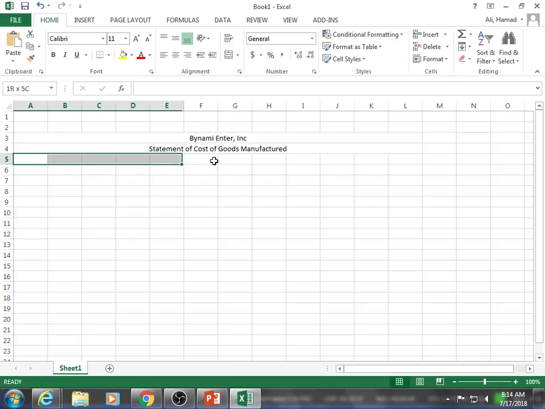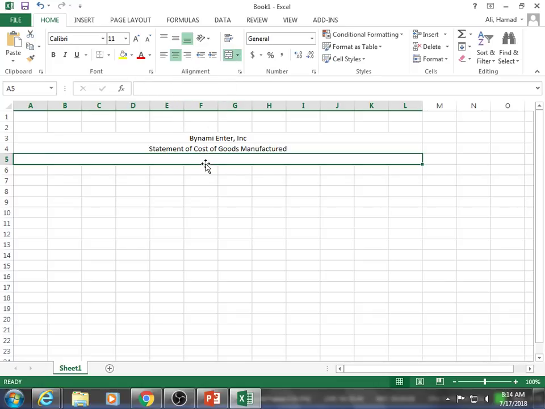And then what do we put? The period. For which period is this statement? It says at the end of the second quarter, so this is for the quarter ended. When?